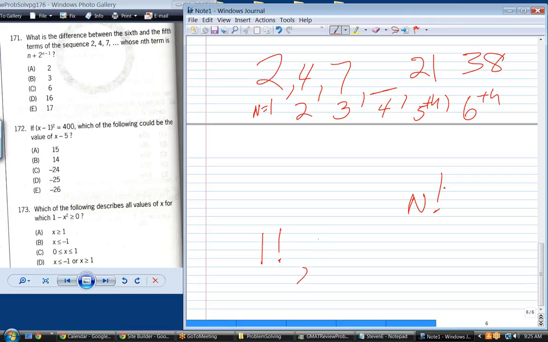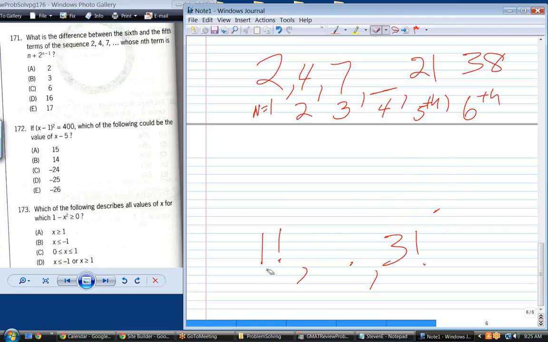The second term would be 2 factorial. Why? Well, because when you have a sequence that's defined by the nth term, the first term is when n takes a value of 1, the second term is when n takes a value of 2, and so forth and so on.